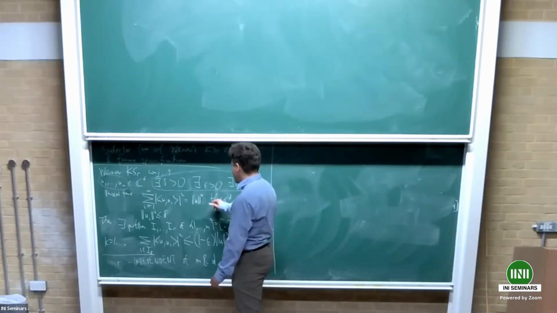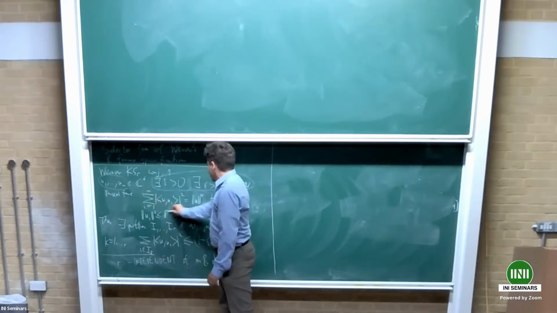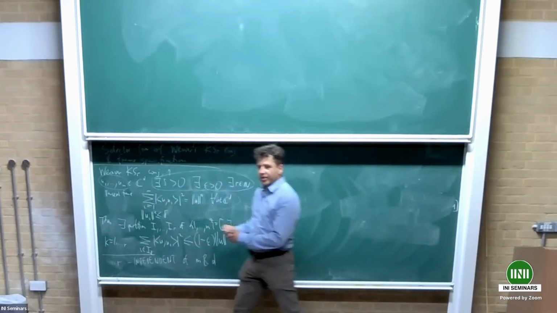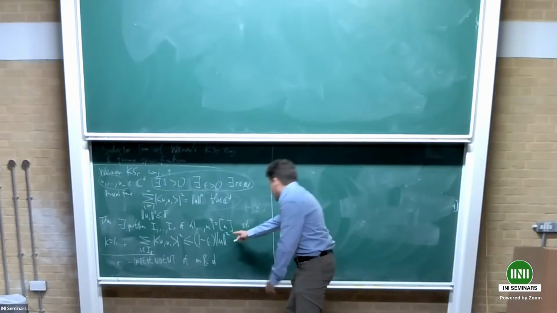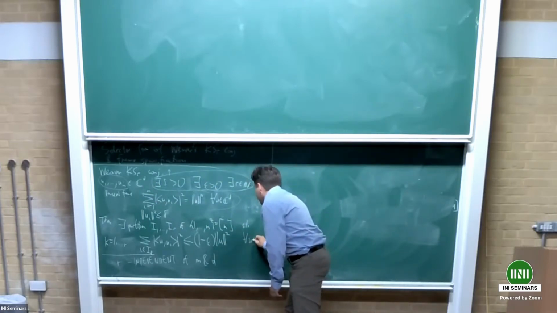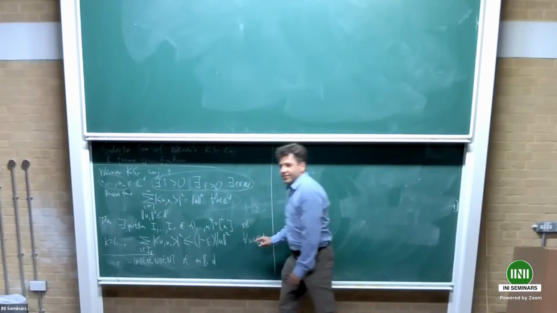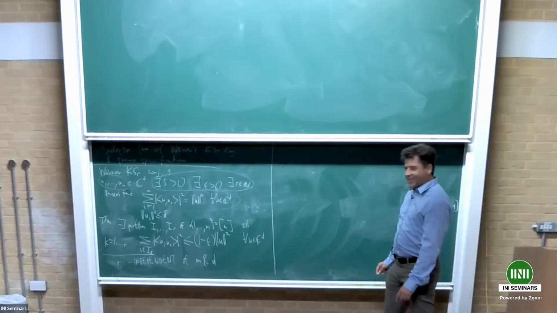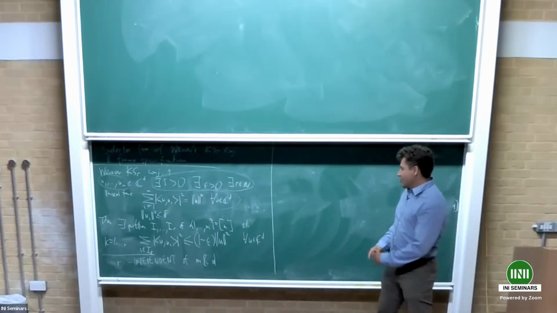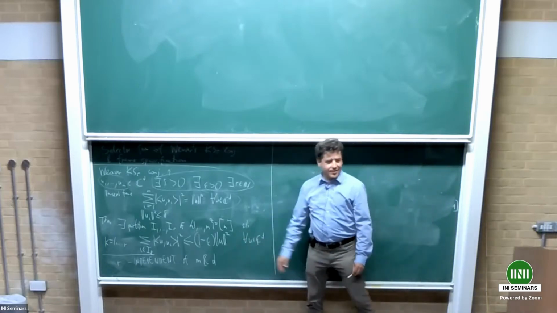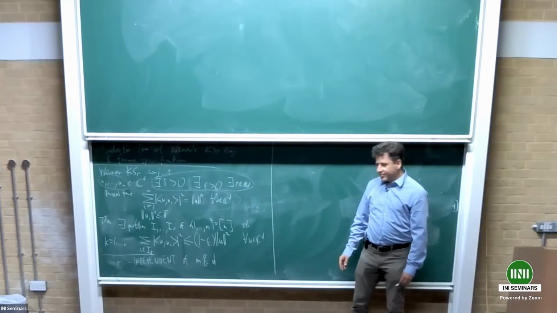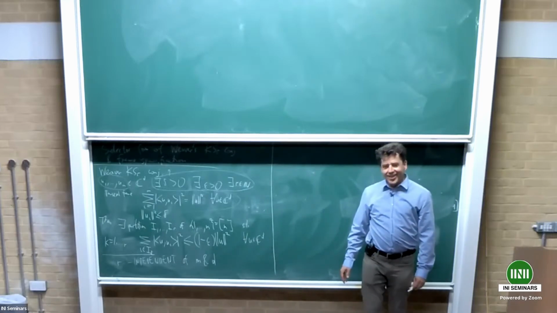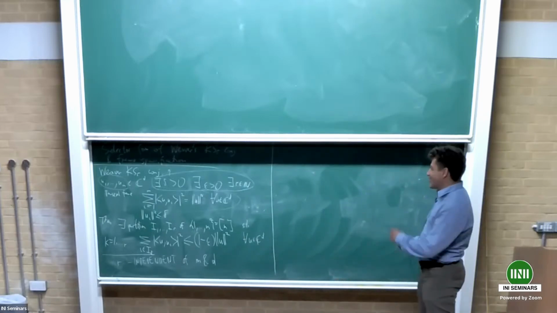For every u, yes, because that's the Parseval frame condition. The last one, of course, is also for all u. Yes, uniform estimate, exactly.